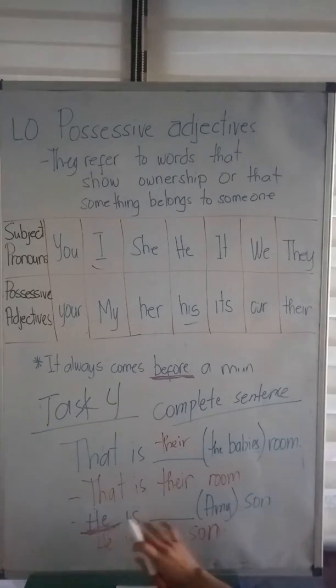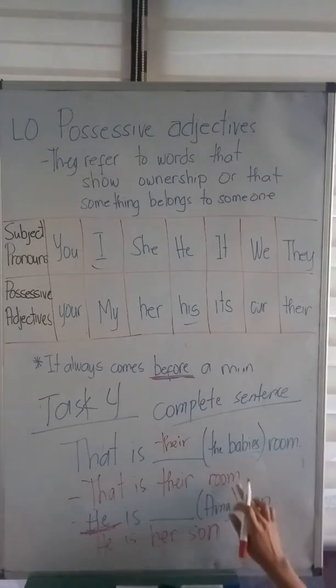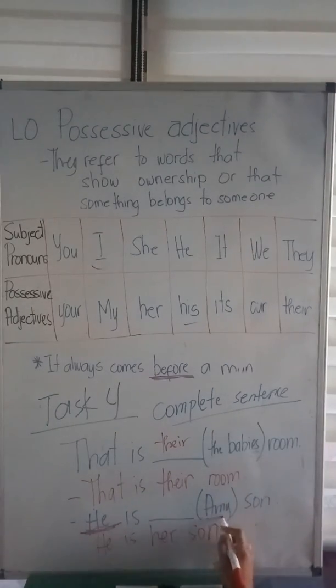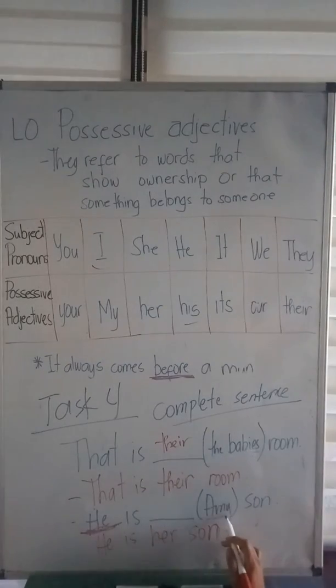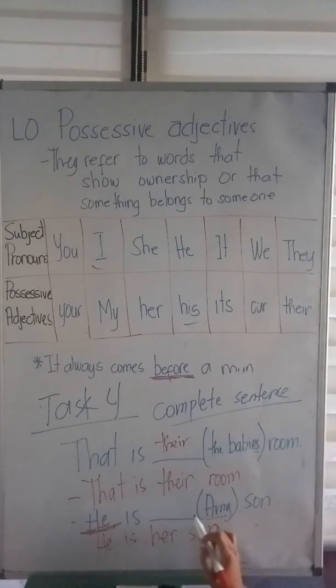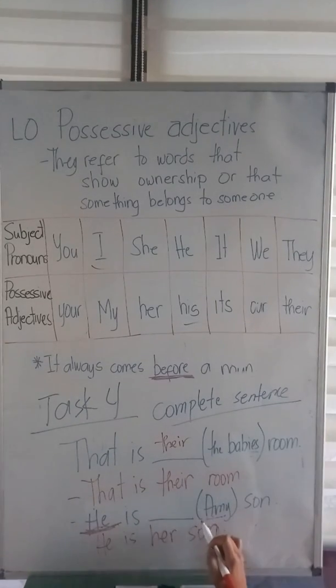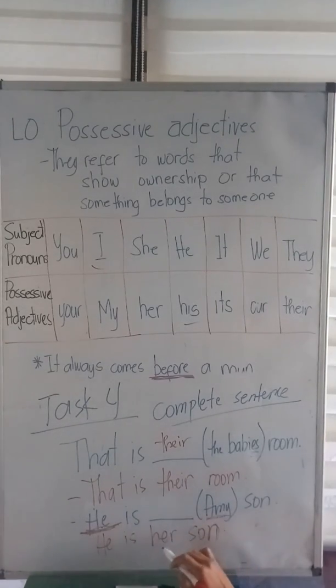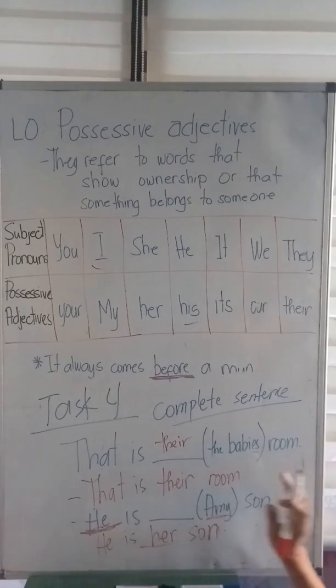So in this case, he is blank son, and the word inside the parenthesis is Amy. So whose son is he? He's Amy's son. So we're talking about Amy as well. So the equivalent possessive adjective for Amy is the word her.